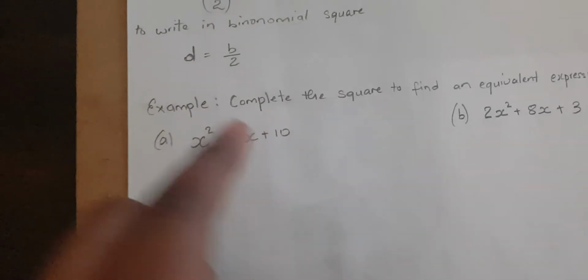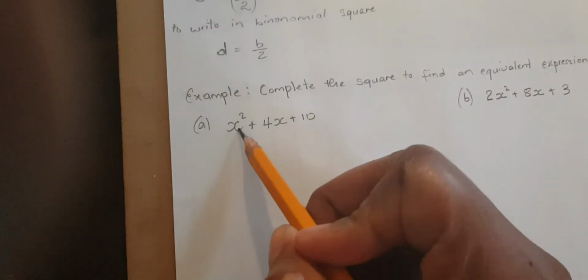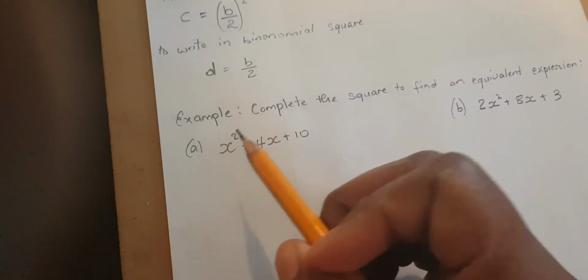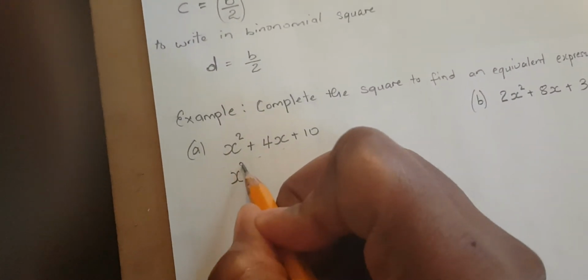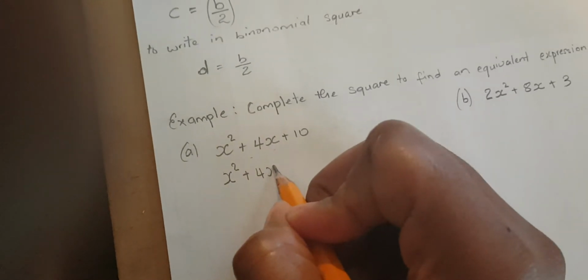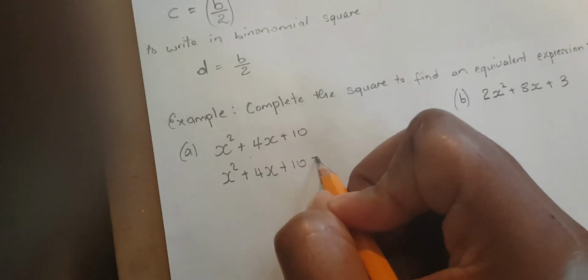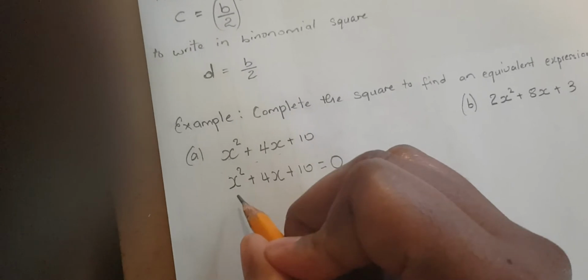So for a problem like this, because we normally work with just this part, we're going to turn this into an equation by writing x squared plus 4x plus 10 is equal to 0. So now this up here is an expression, and this one is an equation.